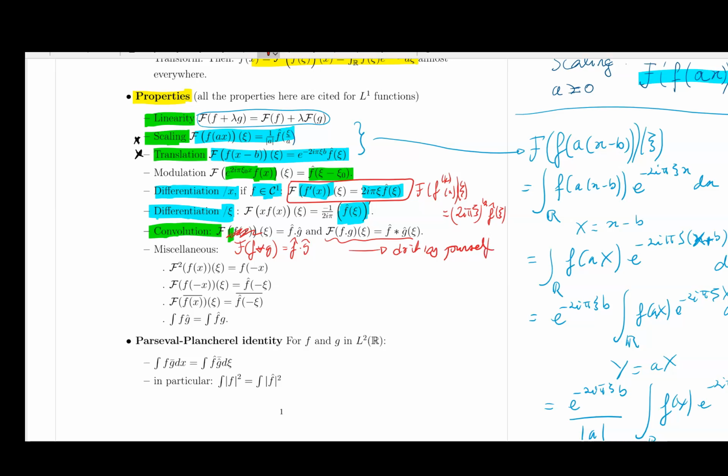Okay, so what else do we have? We have a few more properties. Again, that's a very good idea for you to work on these properties. If you apply the Fourier transform twice, you're not going to get exactly the inverse.